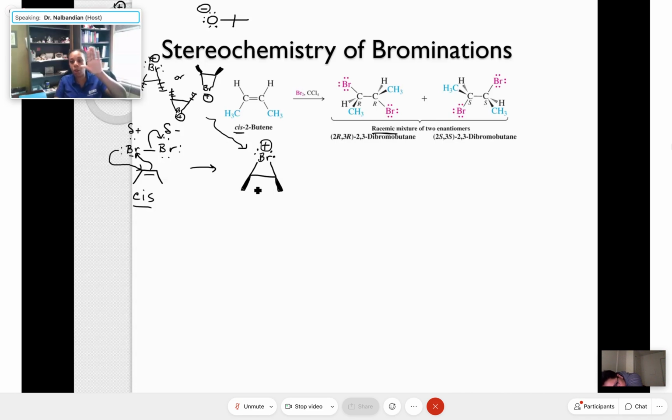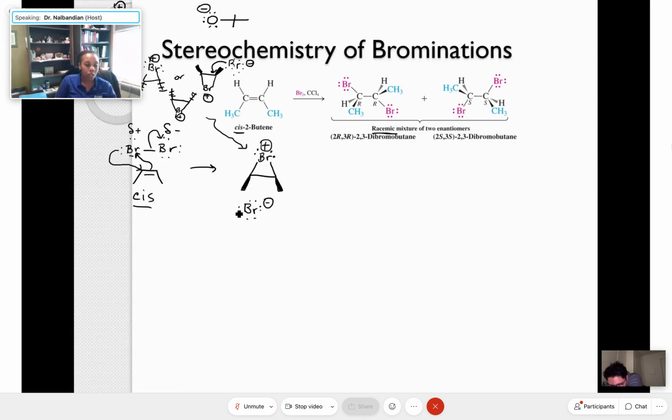If I put this bromine with the positive charge at the top, then the bromide has to attack from the bottom. If I put the bromine with the positive charge at the bottom, the bromide would attack from the top. It would attack from the top because it has to attack on the opposite face to where the bromine is because this is large and it is rigid.